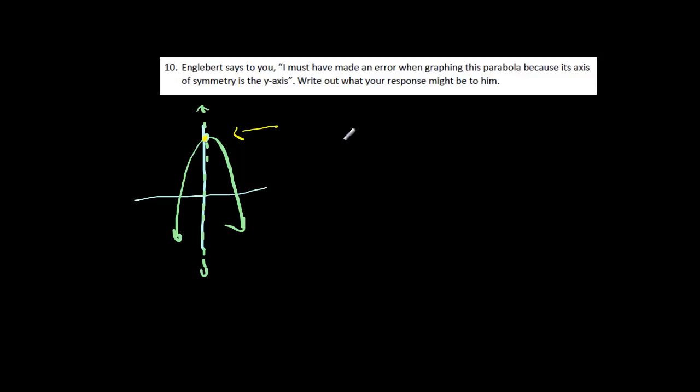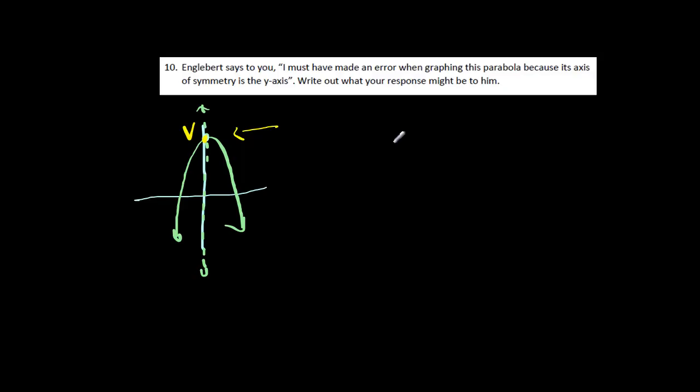Because remember what the axis of symmetry is. It's the imaginary vertical line that goes through the vertex. So the question is, is it possible for a parabola to have a vertex on the y-axis?